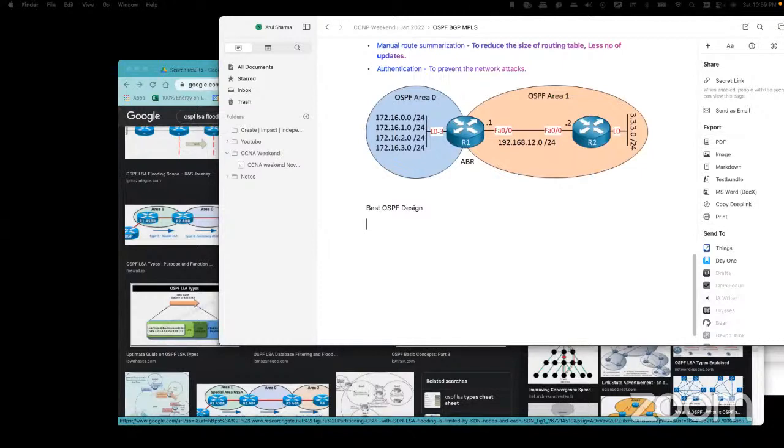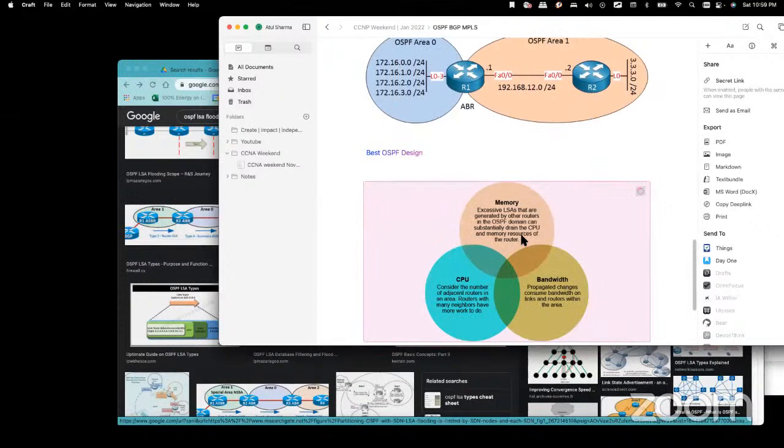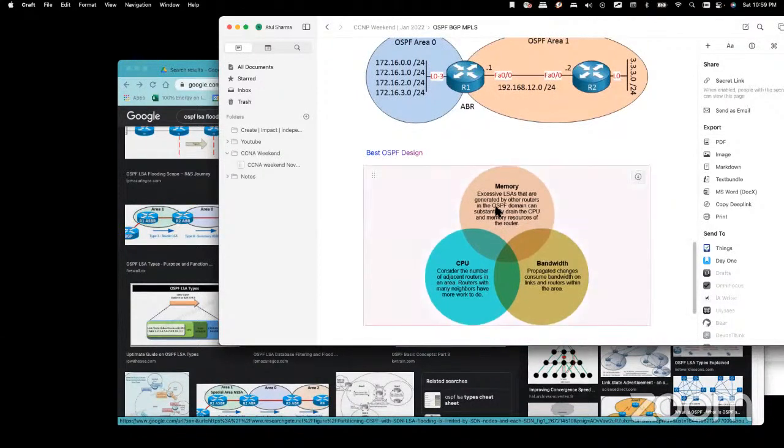Okay, so now when it comes to OSPF, as you all know, OSPF scaling is determined by three things. When you design OSPF, many companies do this. As a network design best practice in OSPF, you need to understand three things.